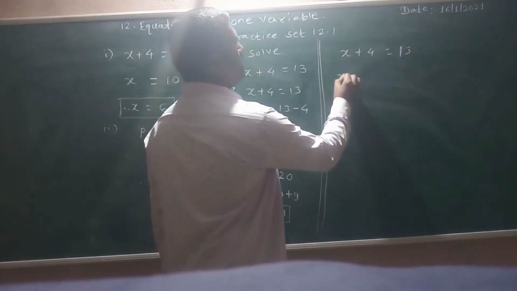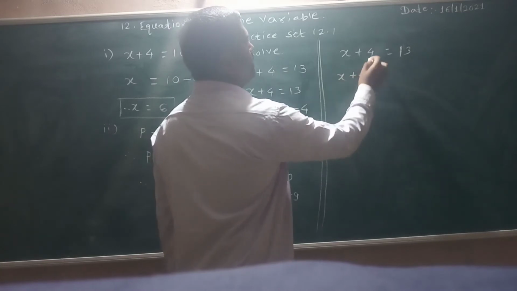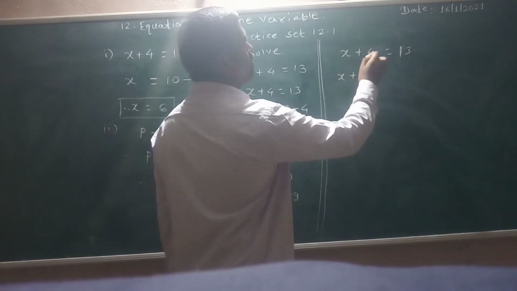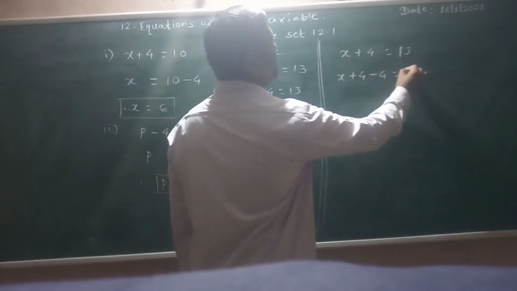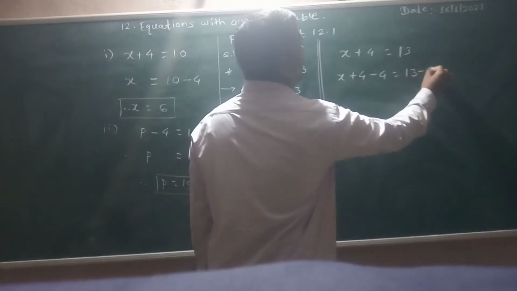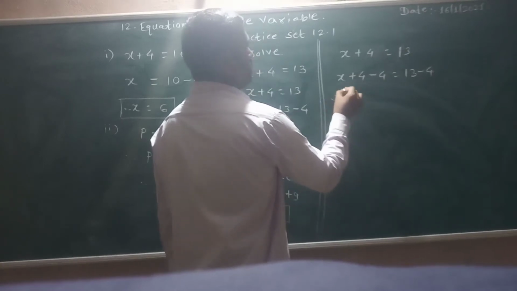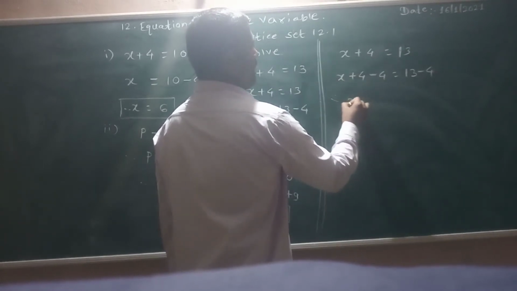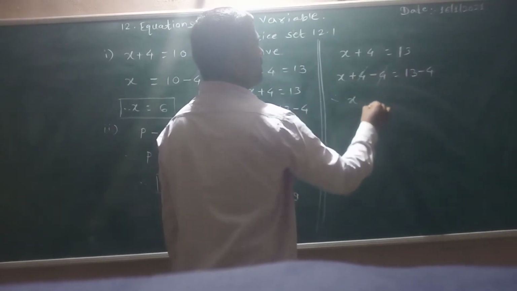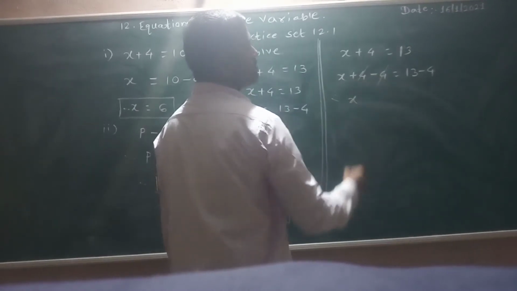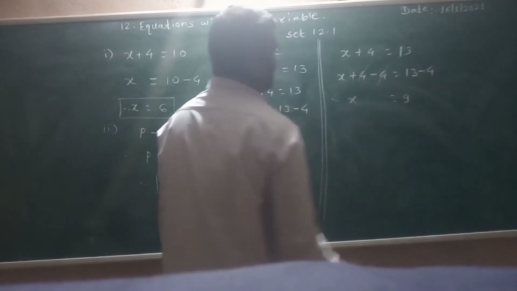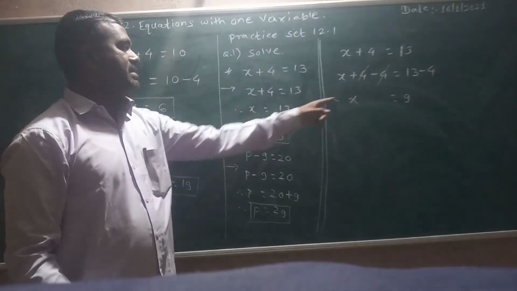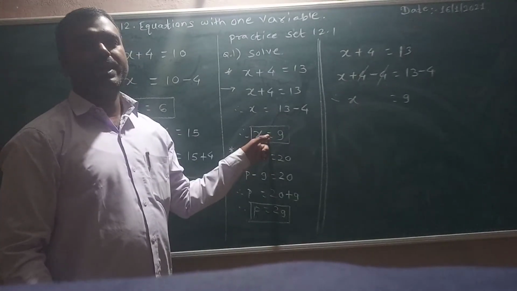In 6th standard we are adding or subtracting here minus 4 to the left hand side and right hand side. Here plus 4 and minus 4 cancel because plus 4 and minus 4 is 0, and 13 minus 4 is 9. That's why its answer x is equal to 9.